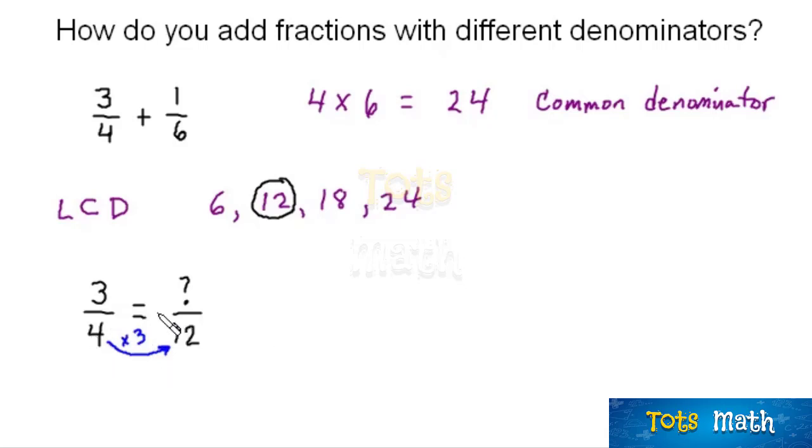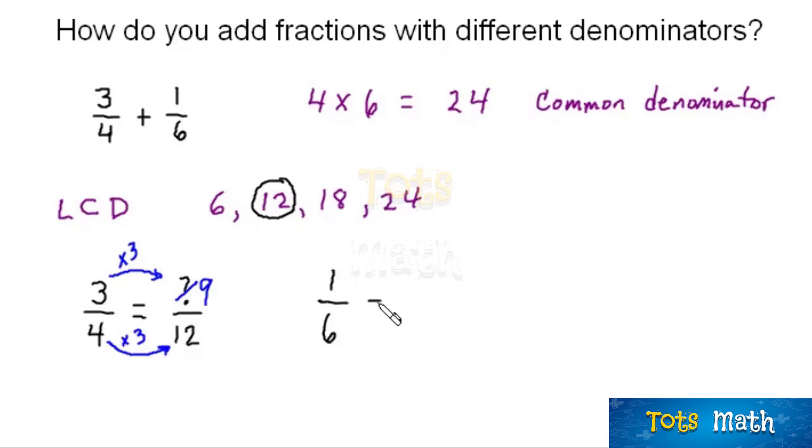Whatever you do to the denominator in a fraction, you must also do to the numerator to keep everything equal. So we're going to multiply the numerator by 3 as well. And 3 times 3 is 9, so that's our new numerator. So 3/4 is the same as 9/12. These are equal fractions.